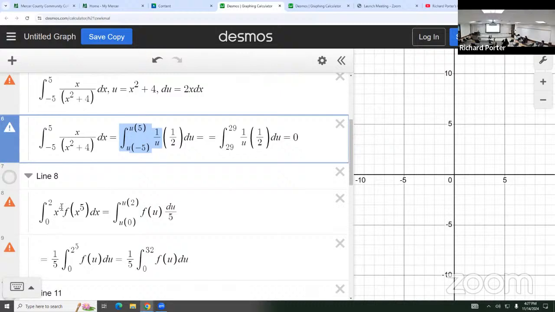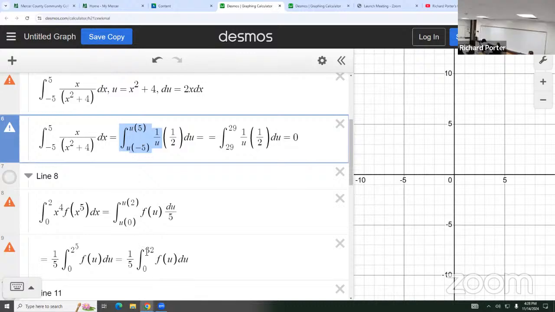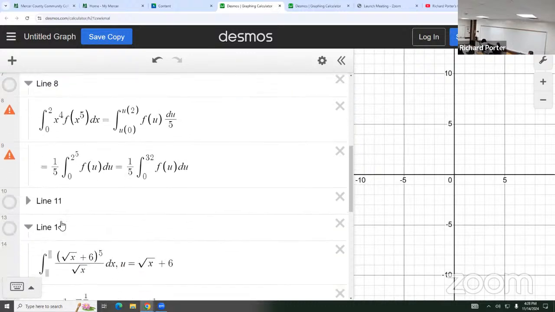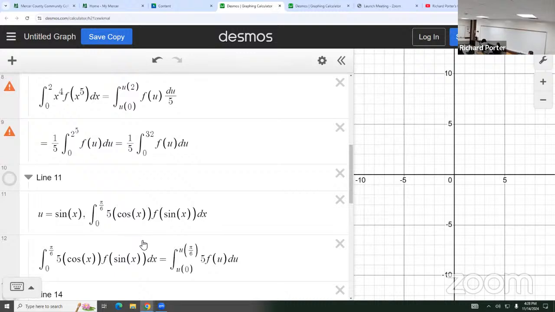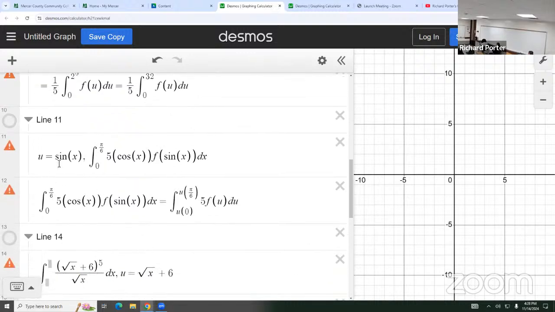This one here is another definite integral with the substitution, but the integral's never done. Look, the integral's still there. There's no answer. It's like integral, integral, integral, integral. So the integration was not done. The only thing that was done was the substitution, and the limits were changed. So this is getting ready to do a definite integral with substitution, but no integration was done.